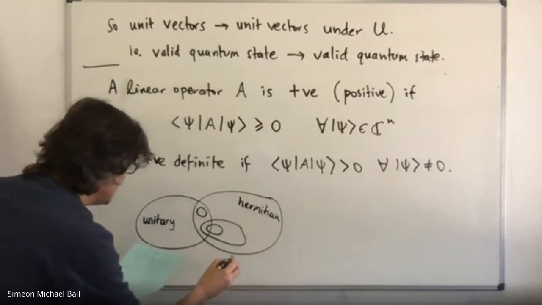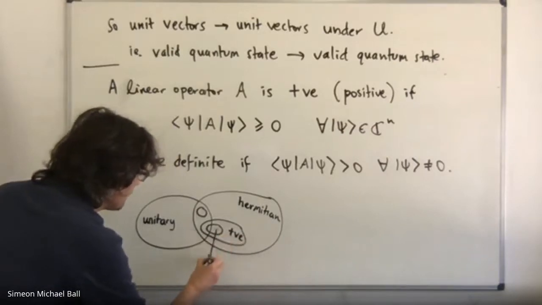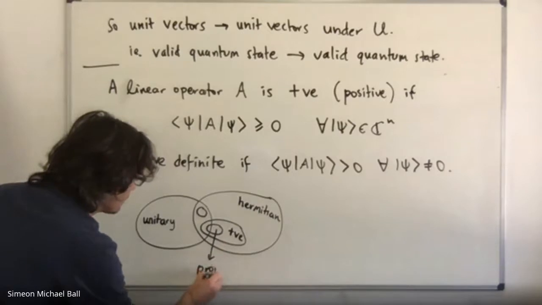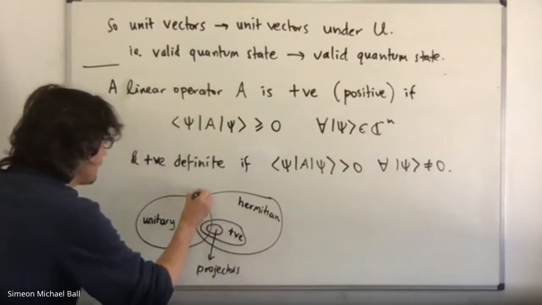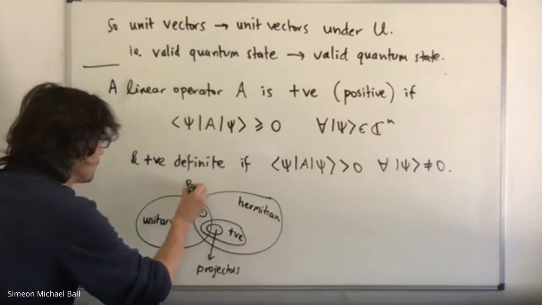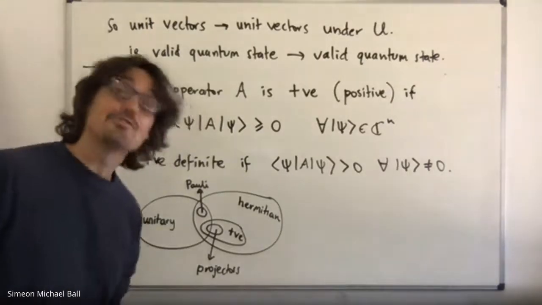Inside here we have the positives. These ones here are the projectors. These ones here are the Paulis. And there is a grand universal set here.